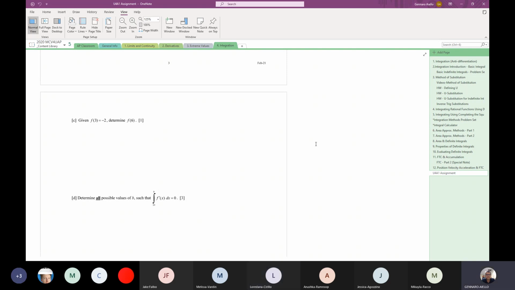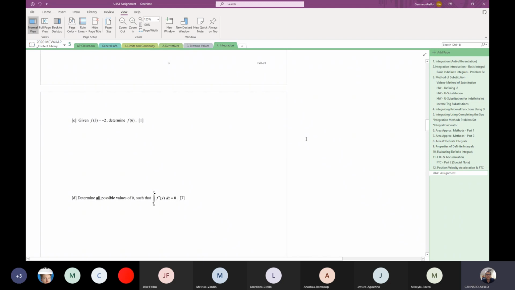It might be, but I know for sure there's one value that'll make that integral 0, and that's 10. Whenever the lower limit and upper limit are the same value, the integral is automatically going to be 0. So if you had no clue and you wrote b equals 10, you would get a mark for that, because that's the obvious answer. But that's not the entire answer, unfortunately.